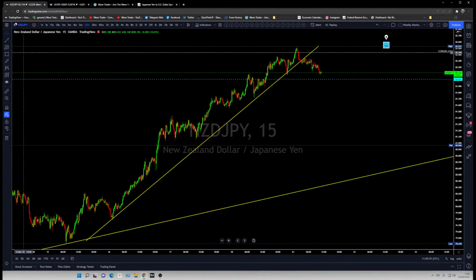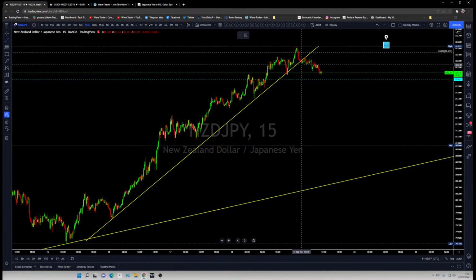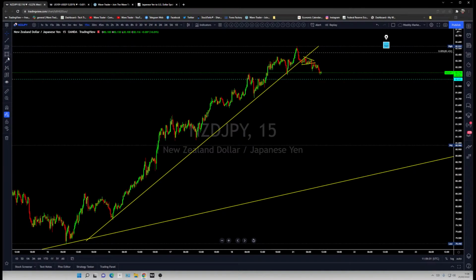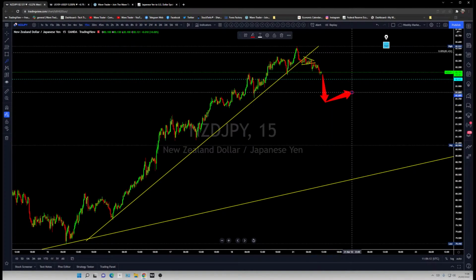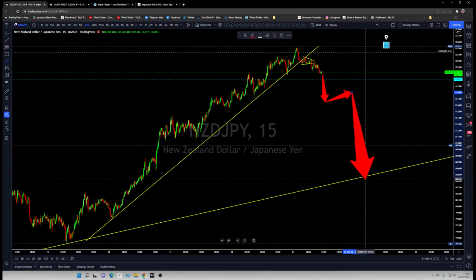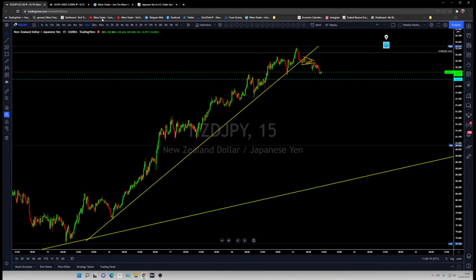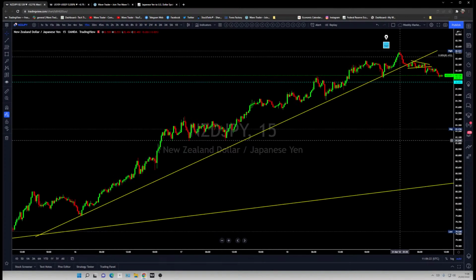You pay attention every time they form a new high and then watch for a very aggressive move to the downside. It is trying to break down, but the move is very slow, not so aggressive. So it breaks down, corrects, and continues to drag more downside. That's what you are looking for on the Kiwi yen.